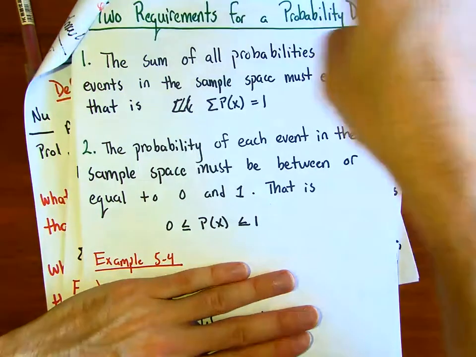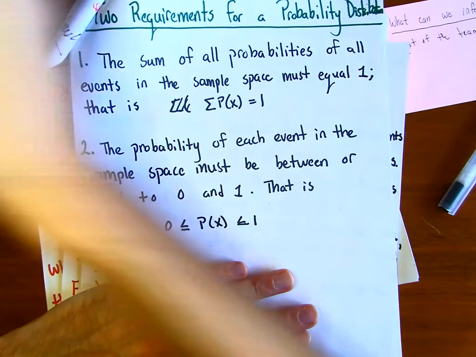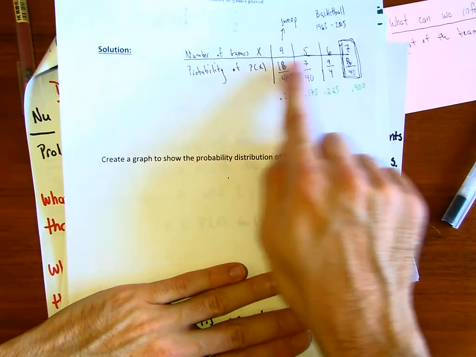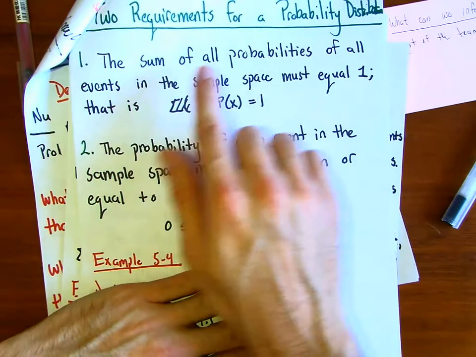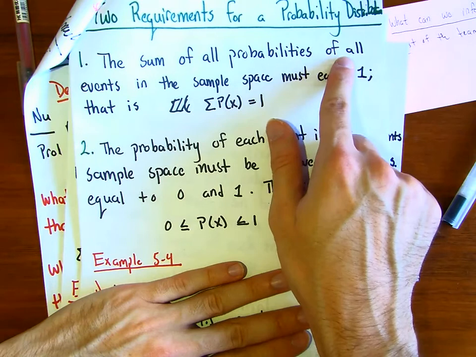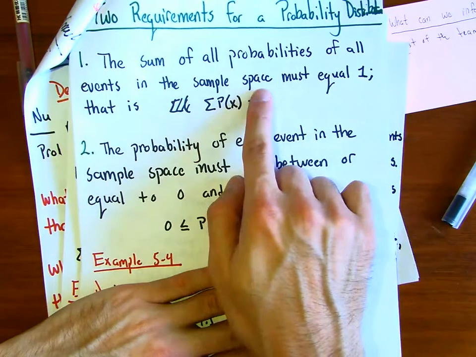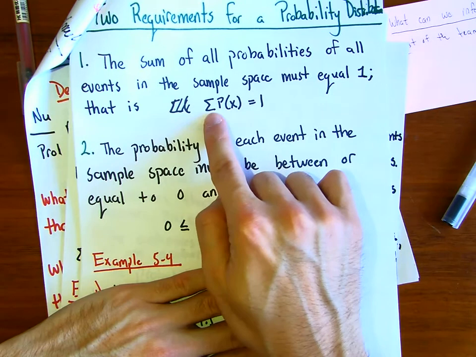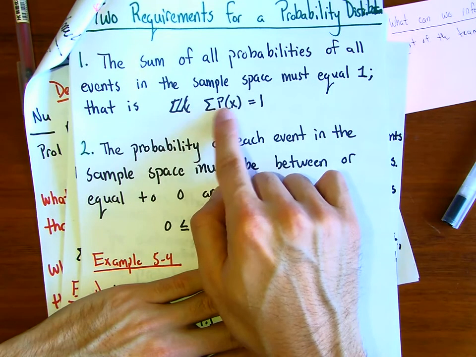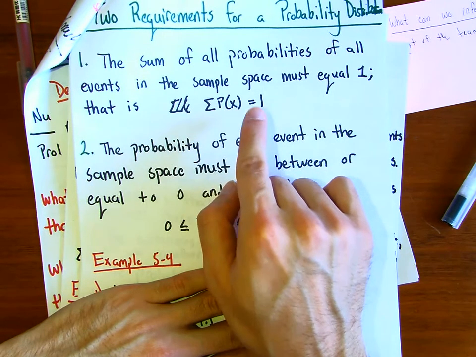So what are the probability distributions that we've been talking about? It's these scenarios over here. All right, so what are the 2 requirements? Number 1, the sum of all probabilities of all events in the sample space must equal 1. That is, sigma, or the summation of all the probabilities, must equal 1. What does that mean?